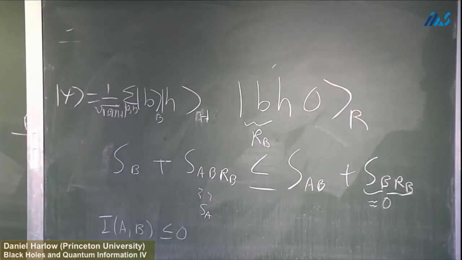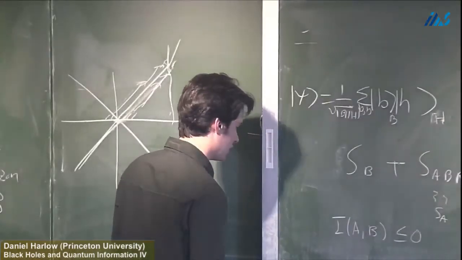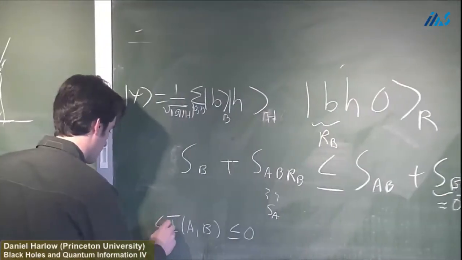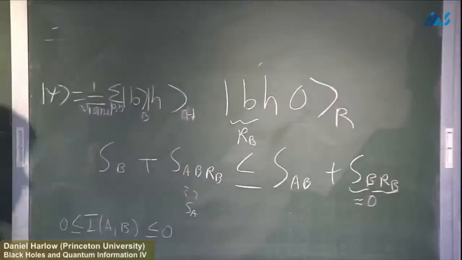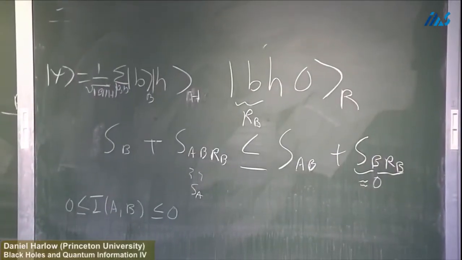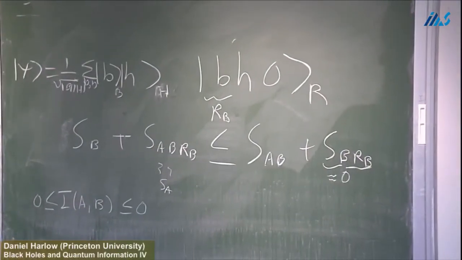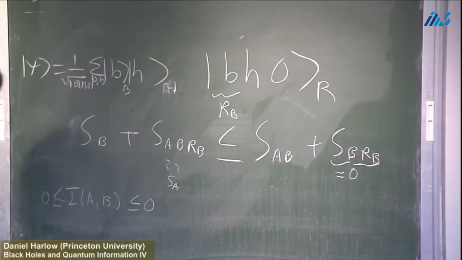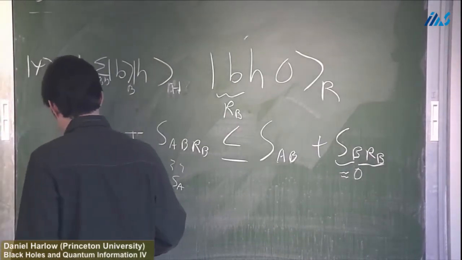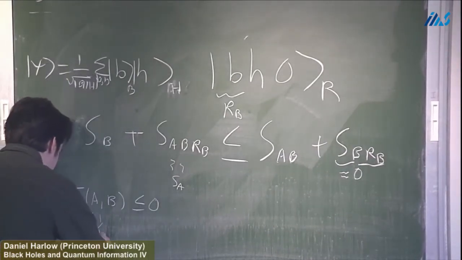But that's interesting because we also know that the mutual information is greater than or equal to 0, just from the definition of the mutual information. Well, apparently that means that it is 0.